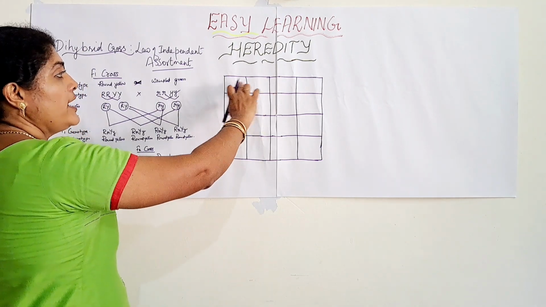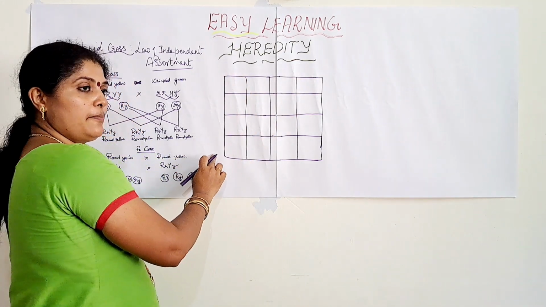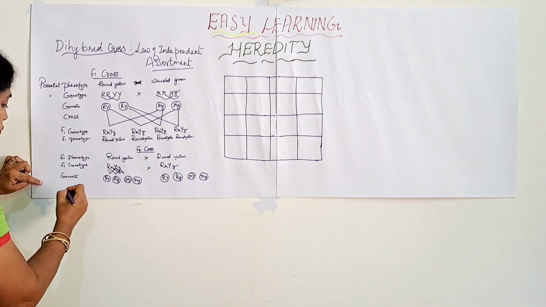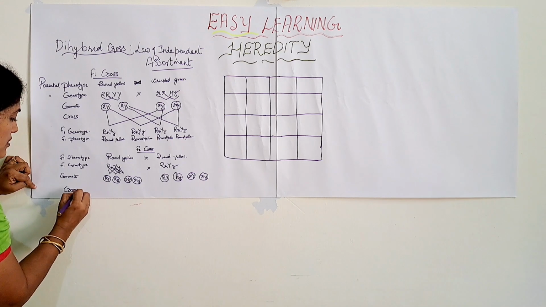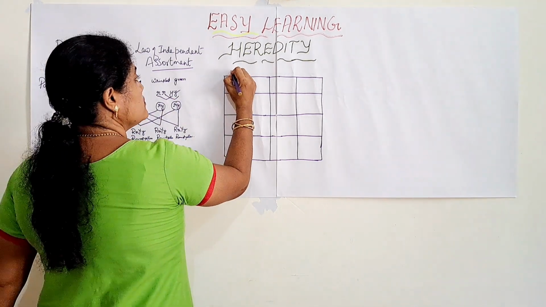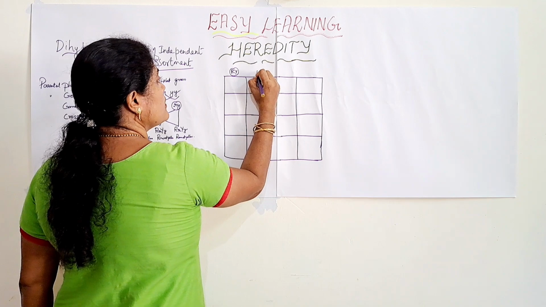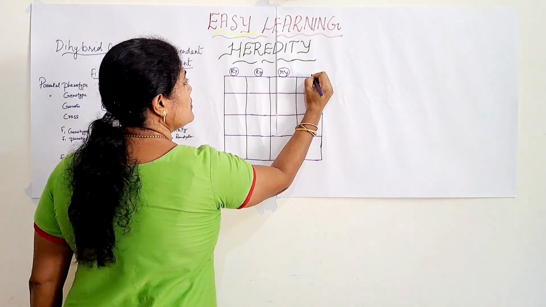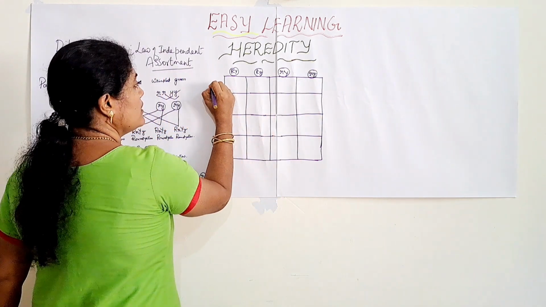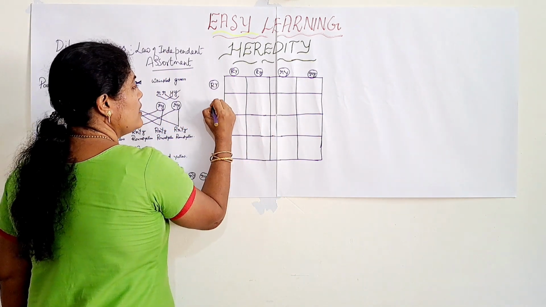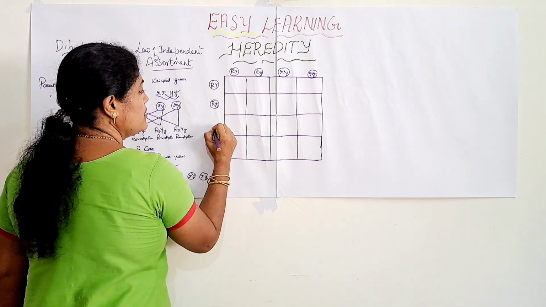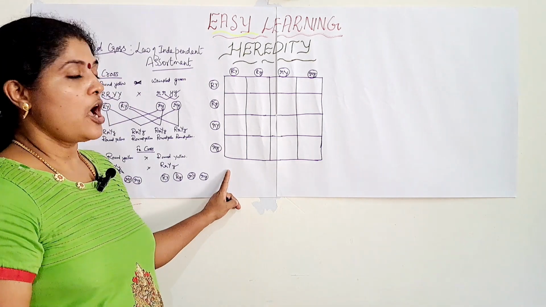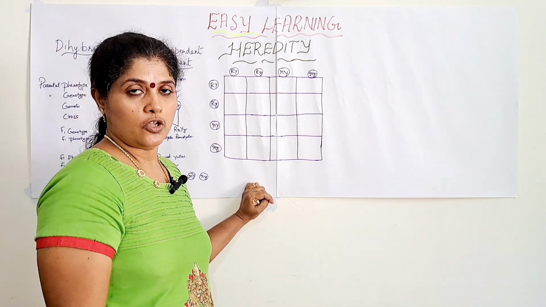Here we will write in the horizontal manner and in the vertical manner the gametes which are obtained. So next is crossing. Capital R, capital Y, capital R, small y, small r, capital Y, small r, small y, in both directions. So now it will be easy for us to do the crossing.